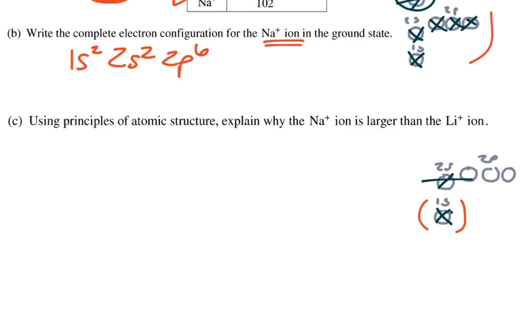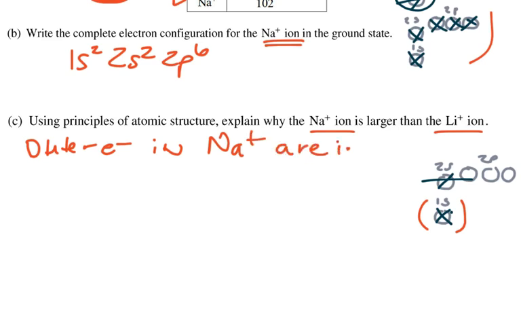So we can see what's happening: for the sodium ion and lithium ion, the valence electrons, or you could say the outer electrons, in the sodium ion are in the 2s and 2p orbitals.